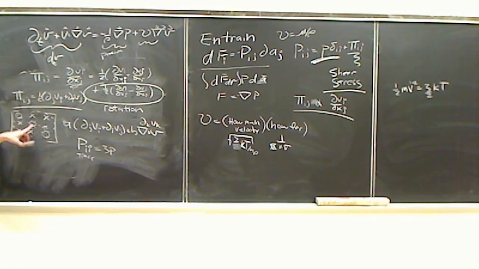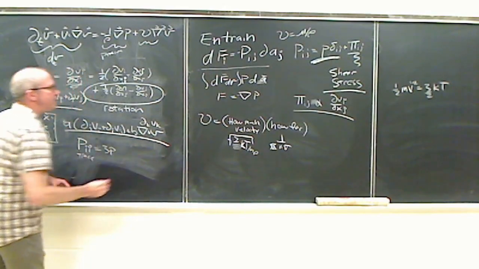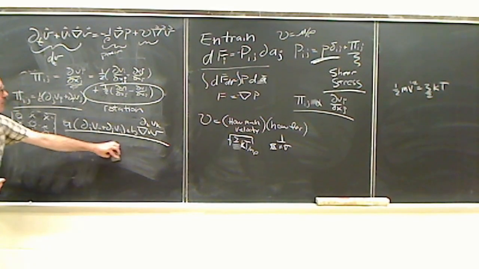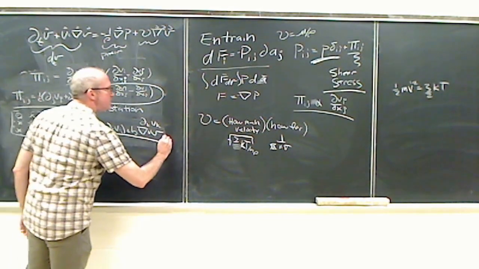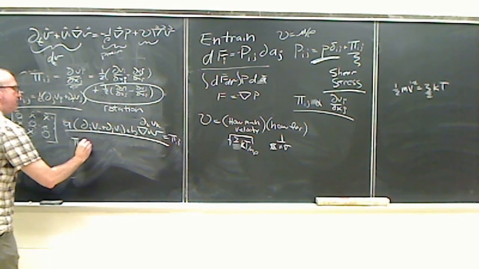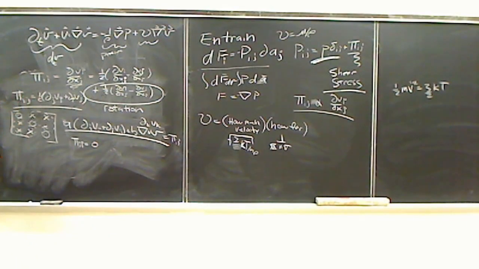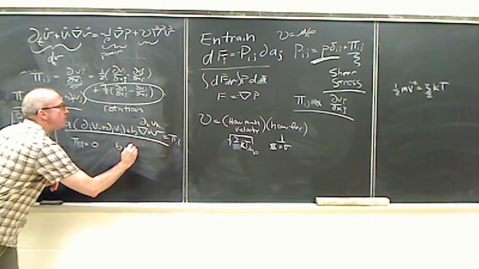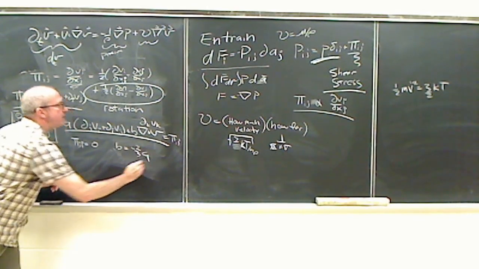So you just need to have the pressure on the diagonal. So we have to write this in a way that doesn't have a trace. We're calling this pi ij, and we're going to say that pi ii has got to equal 0. I'm not going to do the algebra, I'll leave that to you guys. What that shows you is that b has got to equal -2/3 a.